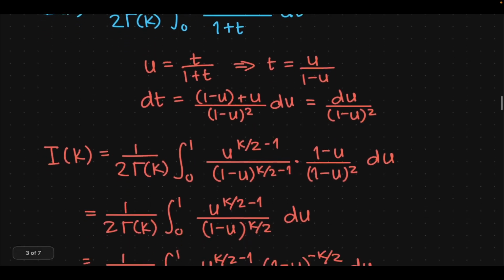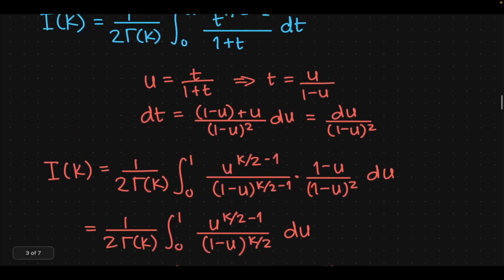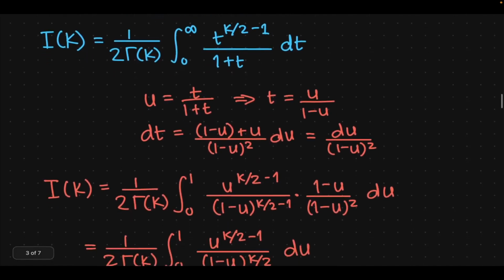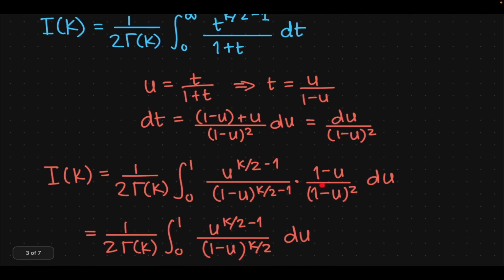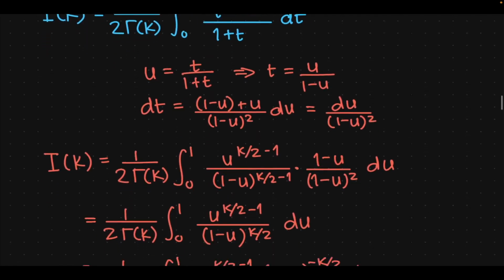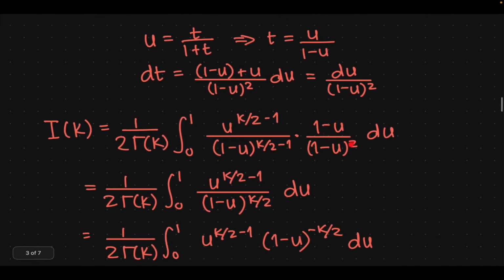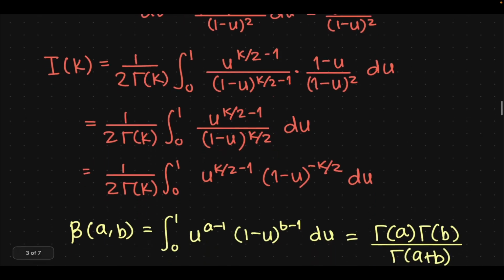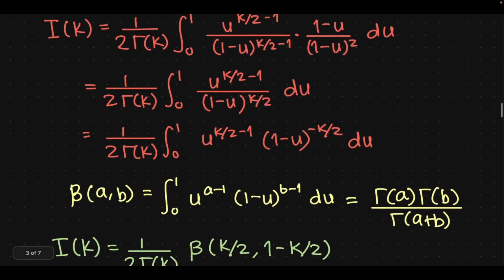And then we have the differential term, so du over 1 minus u squared, and then the denominator term, which is 1 plus t, which just becomes 1 minus u in the numerator. One of these cancels with the one in the denominator, and we end up with u to the k over 2 minus 1 over 1 minus u to the k over 2, because one of the minus 1 exponent cancels with the factor in the denominator.